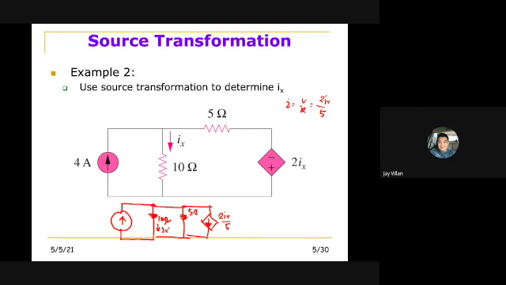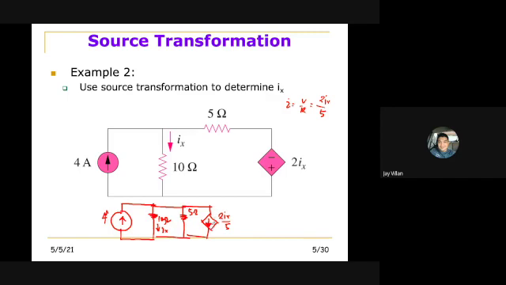So this is 4. How are you going to solve that? We just leave this 10 ohm resistor alone, but we can combine 2Ix over 5 and the 4 amperes. If we consider the 4 amperes as the positive direction, then the other one is in the negative direction.